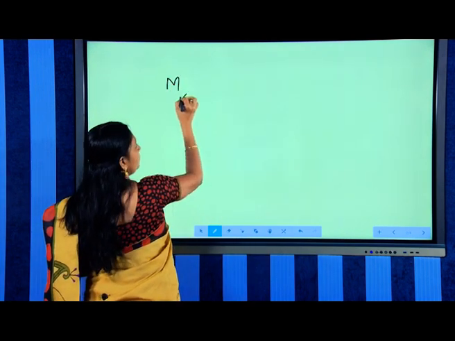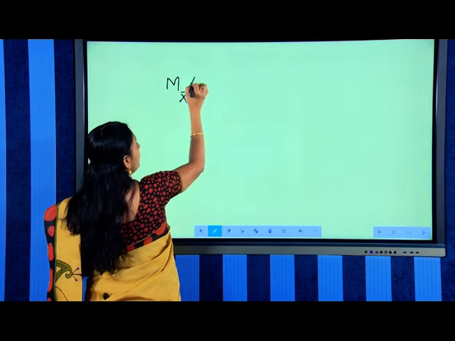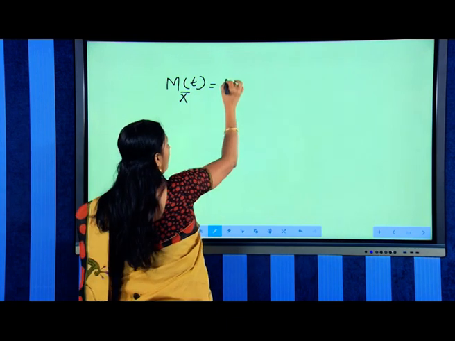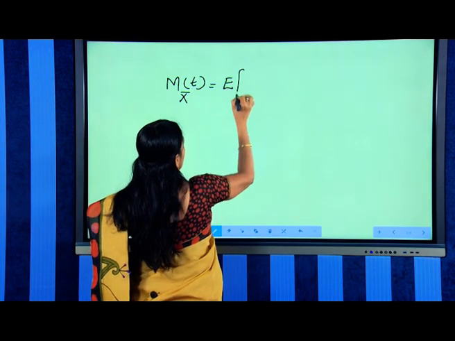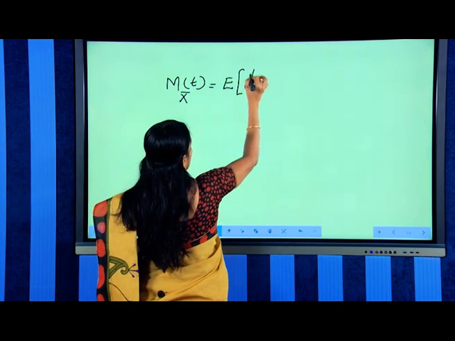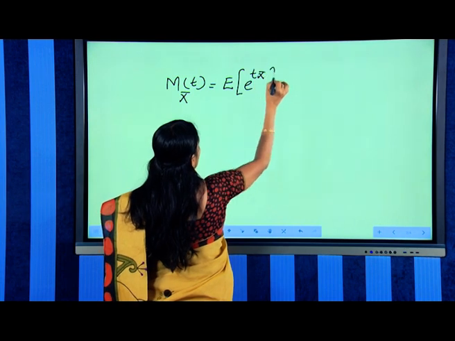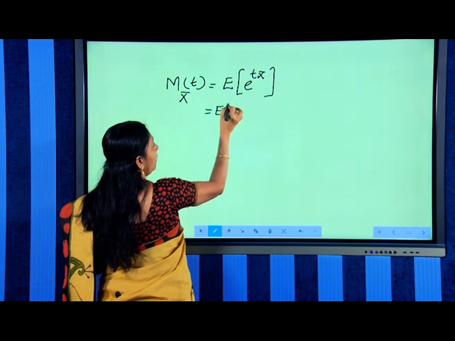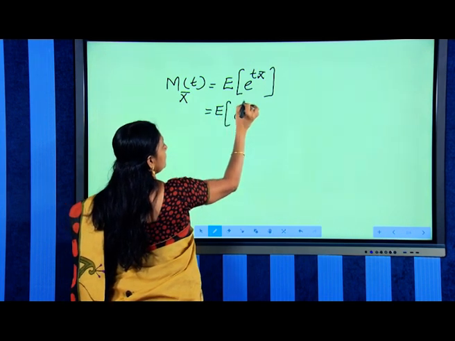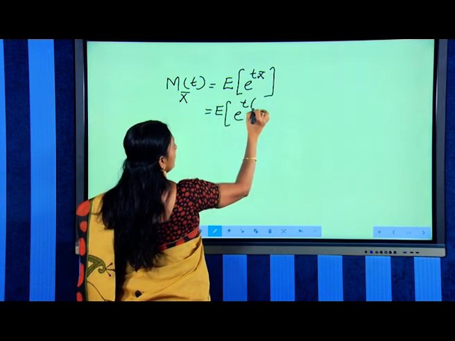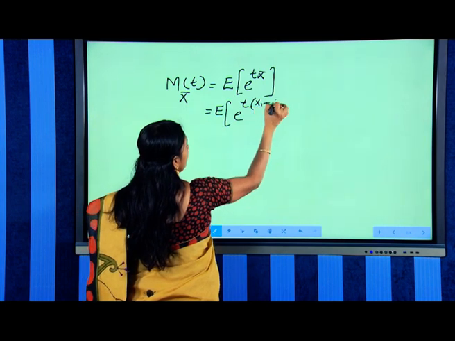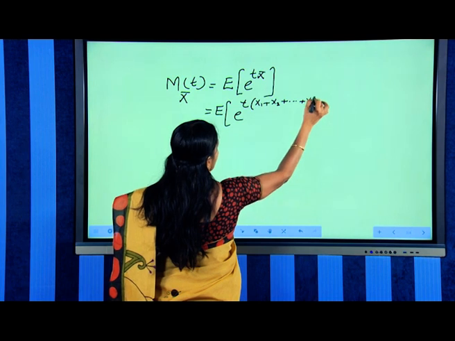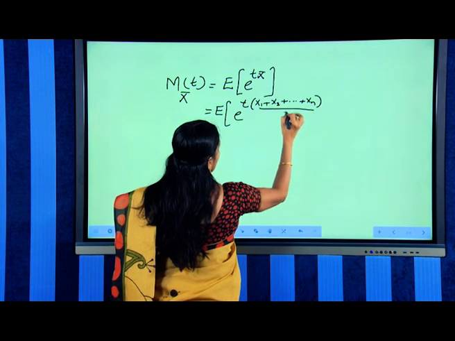The moment generating function M x bar of t is defined as expectation of e raised to t x bar. This is equal to expectation of e raised to t into x1 plus x2 plus etc. plus xn divided by n.